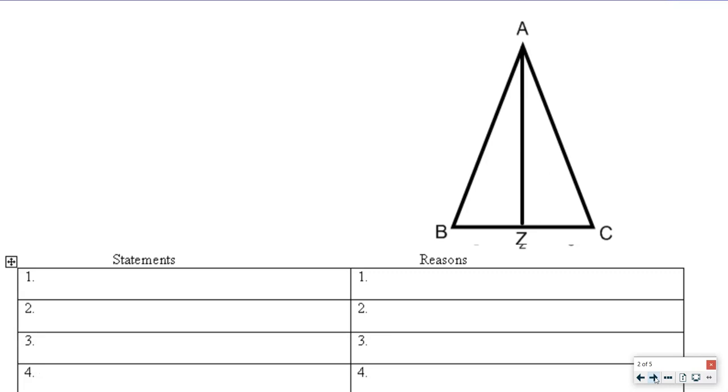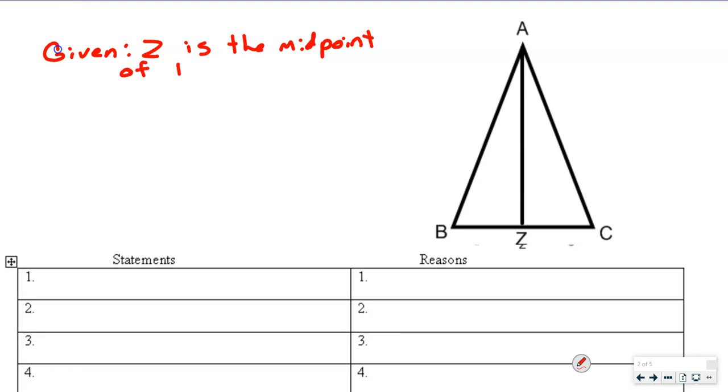So here we have the image of the triangle. We don't have our given information written down. Let me get that written down. So in this, we are told Z is the midpoint of BC. Z is the midpoint of side BC.